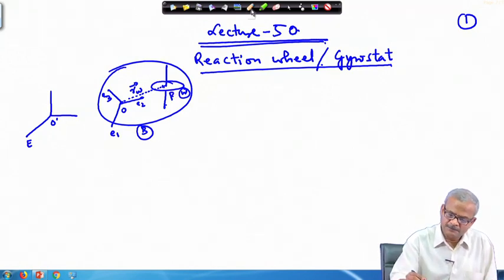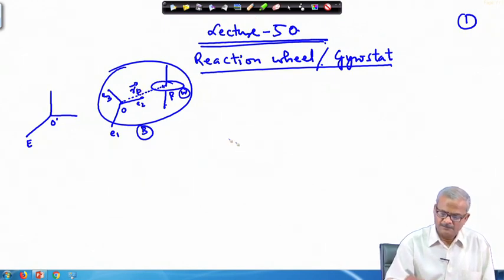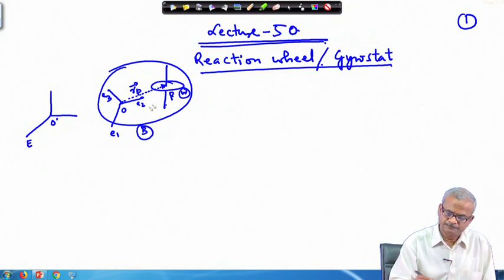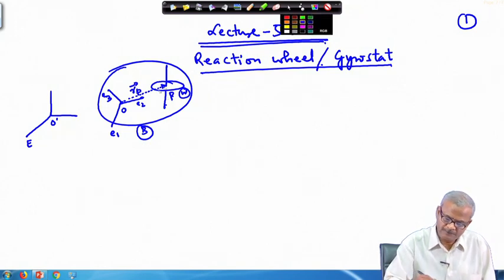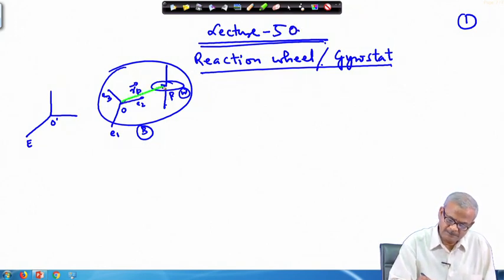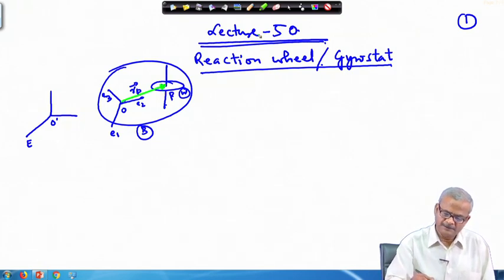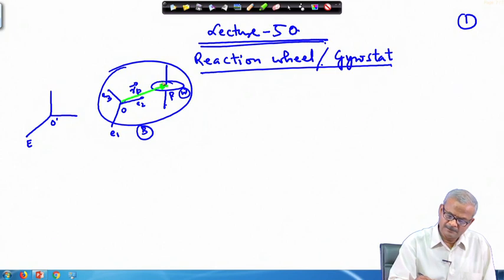Okay. So, this is basically R p. You can show it by some other. This is R p and then your wheel is thick.